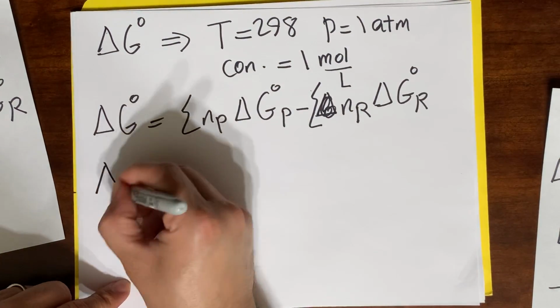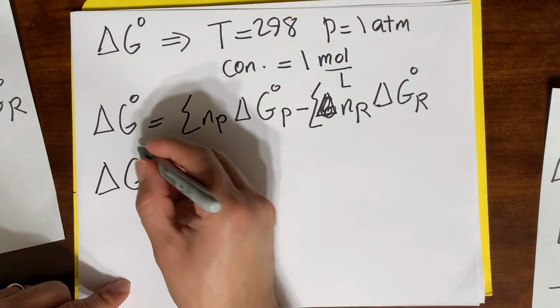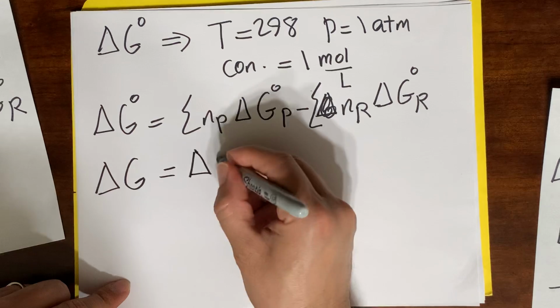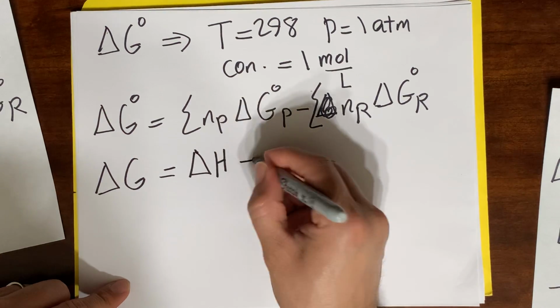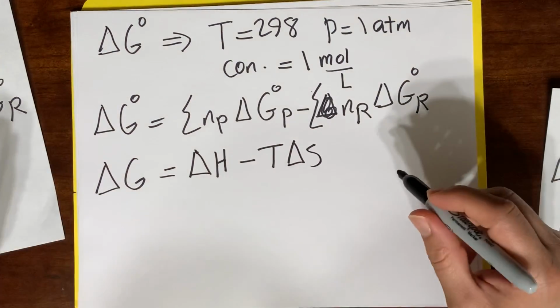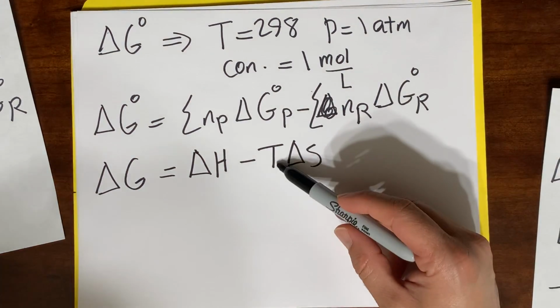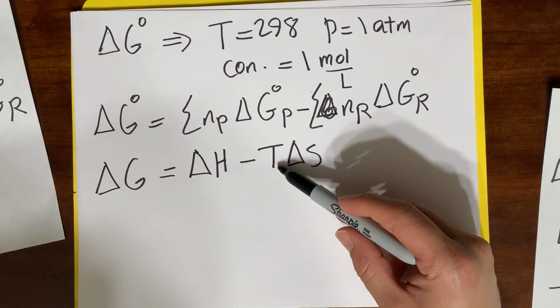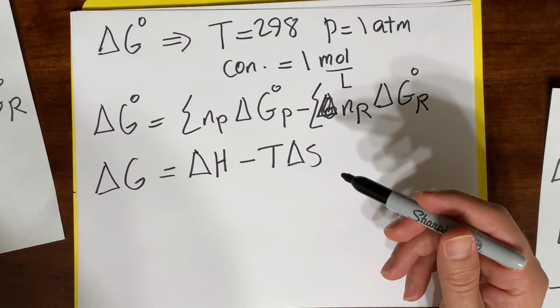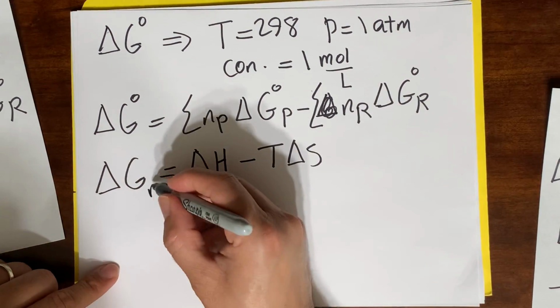But the next one, I remove the standard condition and I say delta H minus T delta S. The good thing with this formula, you can use it for any temperature, any condition. That one is going to give you delta G of the reaction.